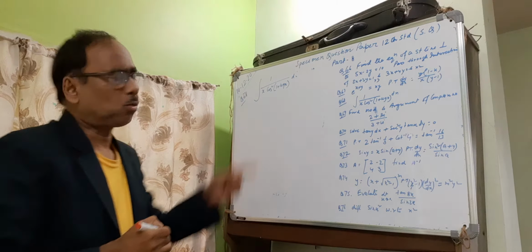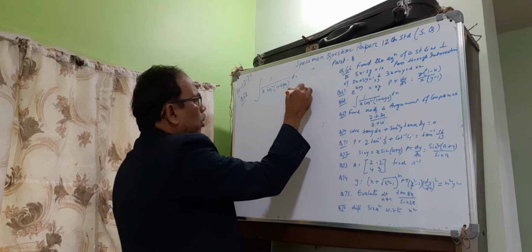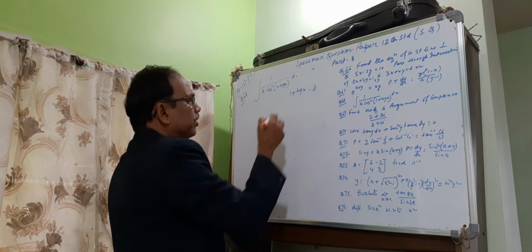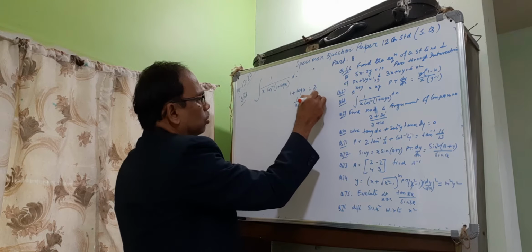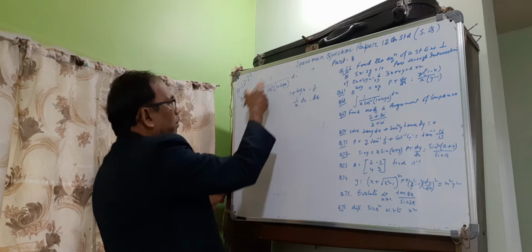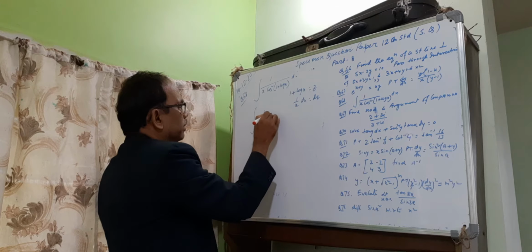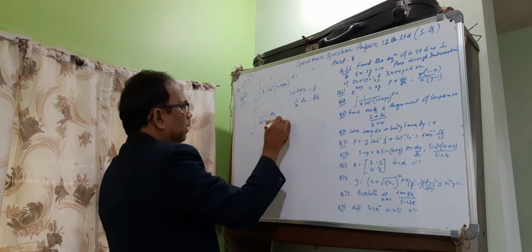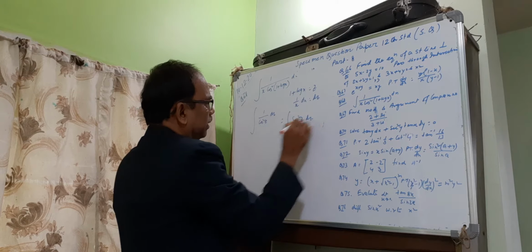Now substitute 1 plus log x equals z. Differentiating both sides, 1 by x dx equals dz, that is 1 by cos square z dz, that is sec square z dz.